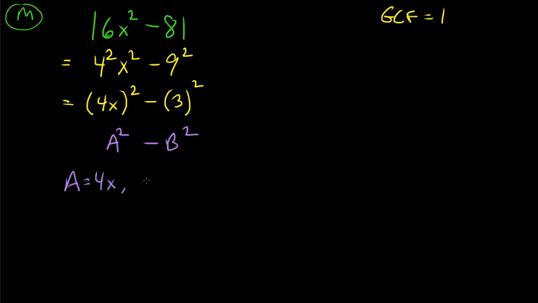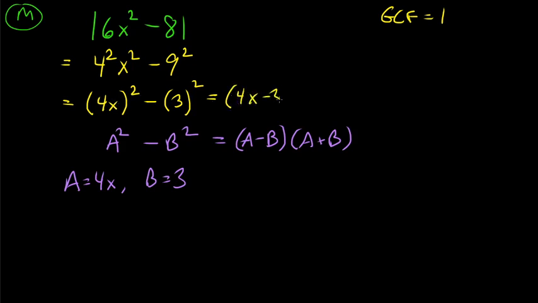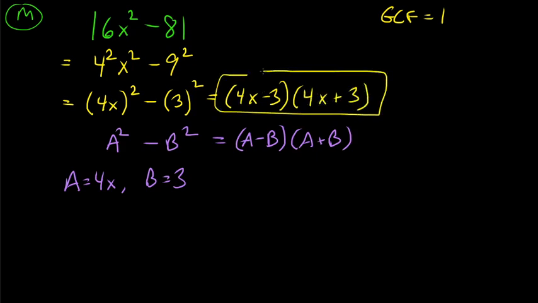A is 4x, b is 3, and a squared minus b squared factors as a minus b times a plus b, which means 4x quantity squared minus 3 squared factors as 4x minus 3 times 4x plus 3. And that's all there is to it. Okay, so that's part M.